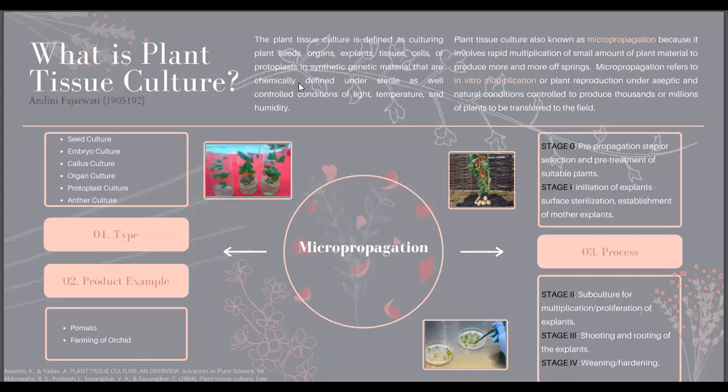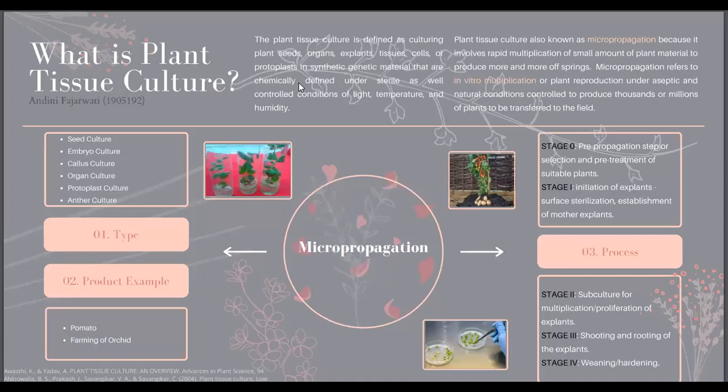So it will be more sterile, and also we undergo sterilization first, so it will be free of viruses and diseases. Also, it does not depend on the seasons, so we can do it all the time.